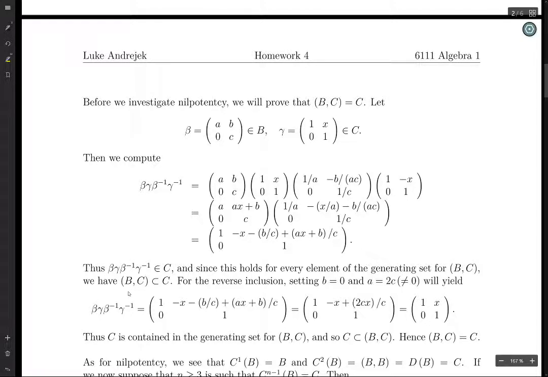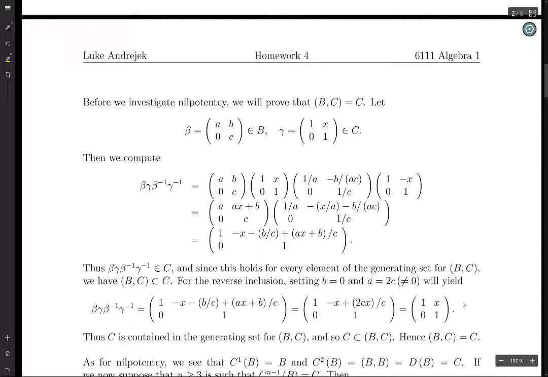For the reverse inclusion, we need to do the same thing as before. We just need to choose our constants to make everything work, and let b equal 0 and a be 2c, which we know is not going to be 0 since c was chosen to be a non-zero complex number. So you just plug these values in, we get this, and then you get minus x plus 2x, which is just going to be x.